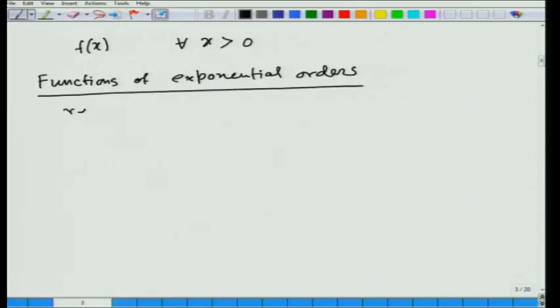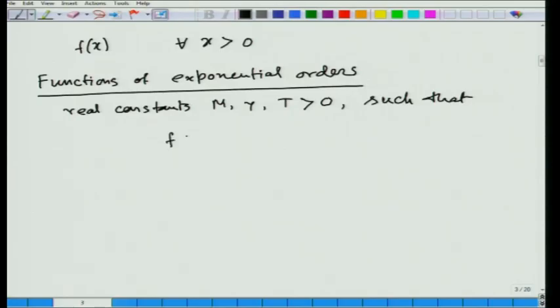Now, if there exist real constants capital M, gamma and T, all greater than 0, such that the function f(x) multiplied with e to the power minus gamma x has modulus less than M for all x greater than capital T.